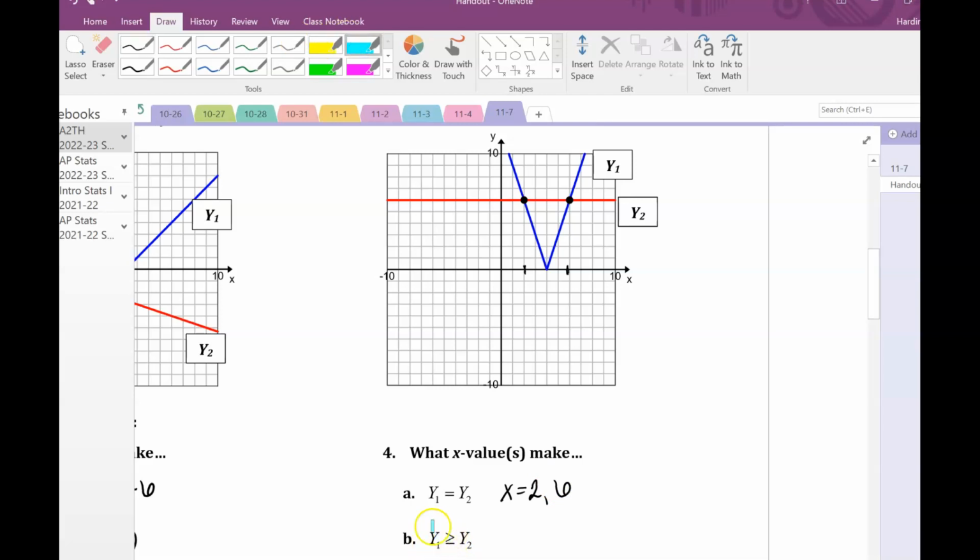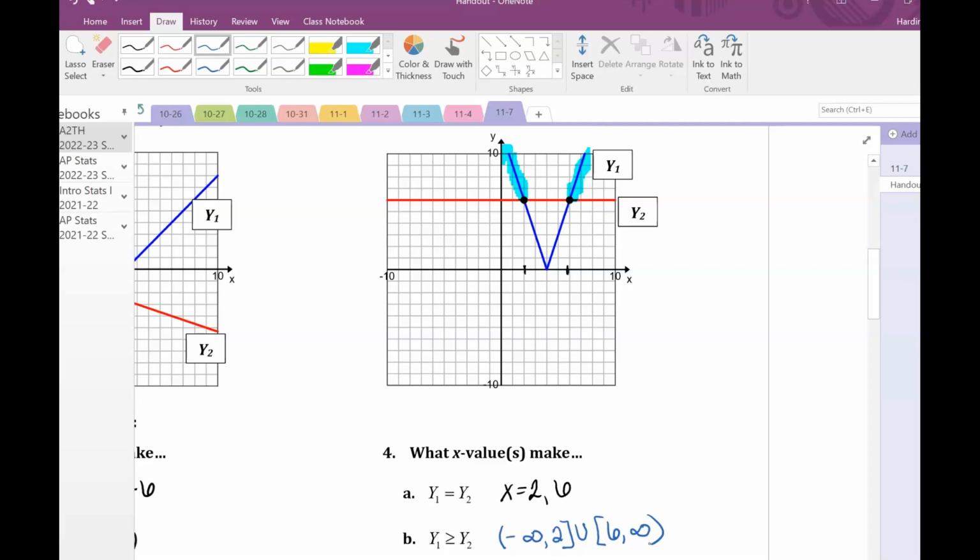Where is the output of the blue graph larger than the output of the red graph? Well, that would be from this point to infinity and this point to infinity. So there's actually two intervals. It would be from negative infinity until 2, then again from 6 to infinity.